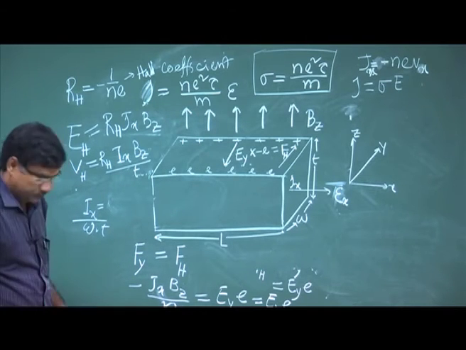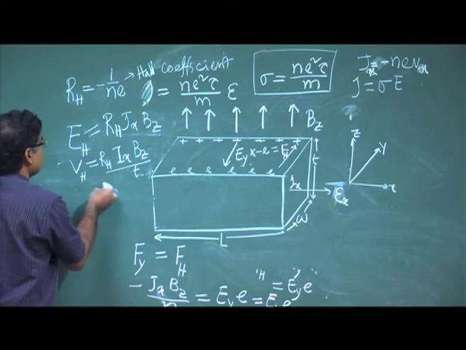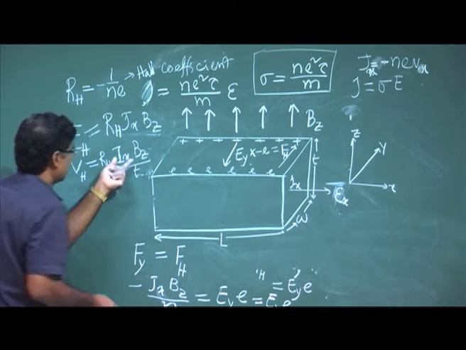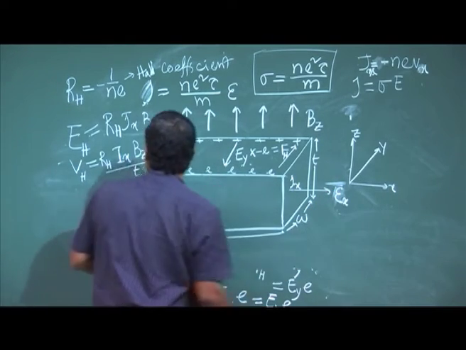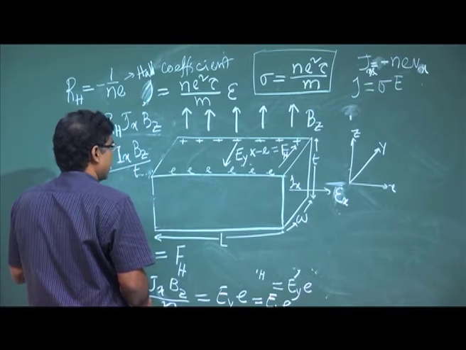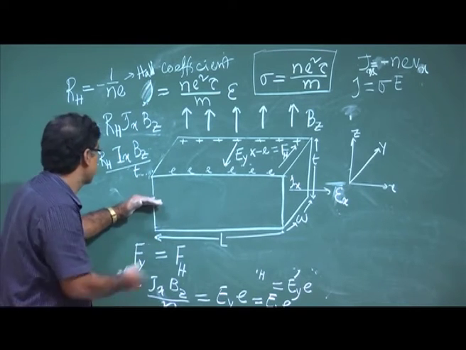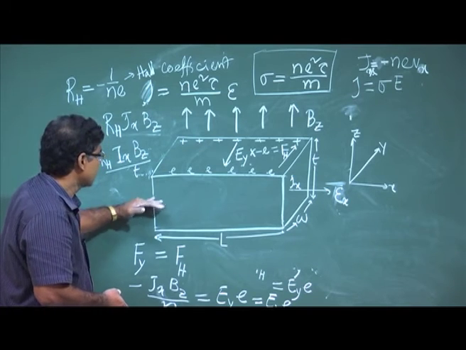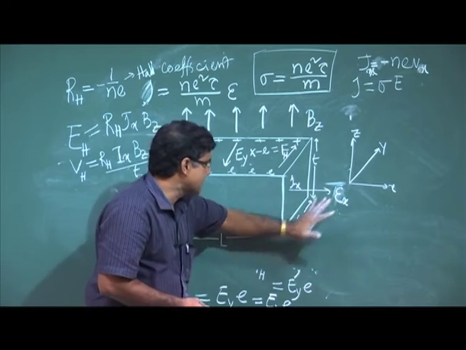Now, this is a very important formula. If current I x is flowing along the x axis, a constant current, by applying some voltage, okay, so this constant current is flowing through this sample along the x axis.